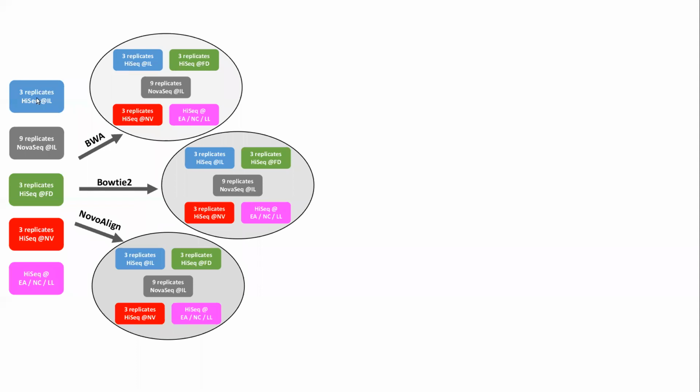Right? So we have 3 HiSeq sequencing replicates from Illumina. We have 9 NovaSeq replicates also from Illumina, 3 more replicates from Fudan University, 3 replicates from Novartis, and then 1 of each replicate from ITERIS, NCI, and Loma Linda University.